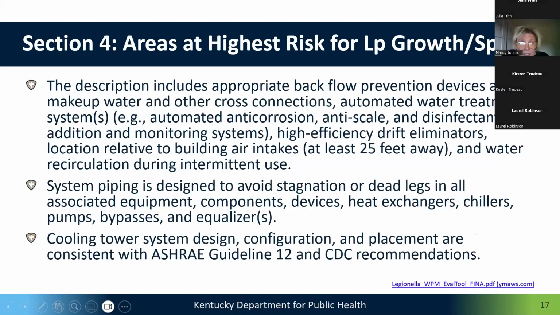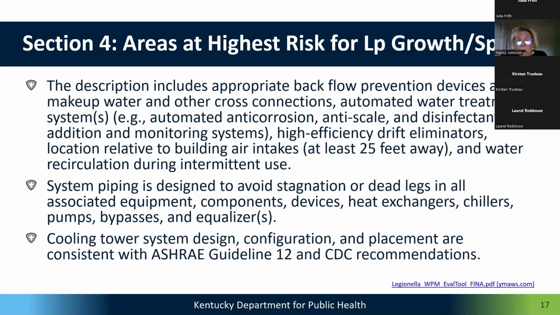So section 4 continues. You need to talk about where you have your backflow prevention devices. Do you have automated water treatment systems? Do you have high efficiency drift eliminators on your cooling towers? Do you know that your cooling towers are located in areas that are safe, that is, they're not near any building air intake, they're at least 25 feet away?